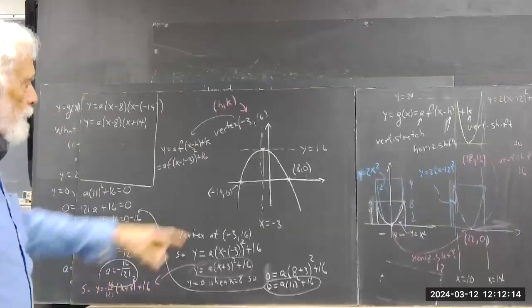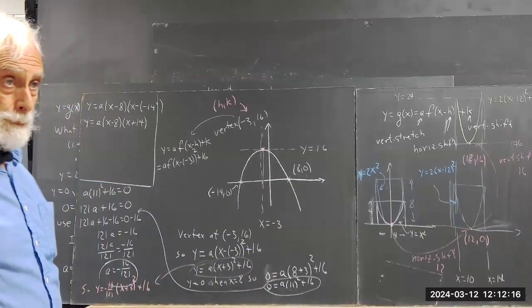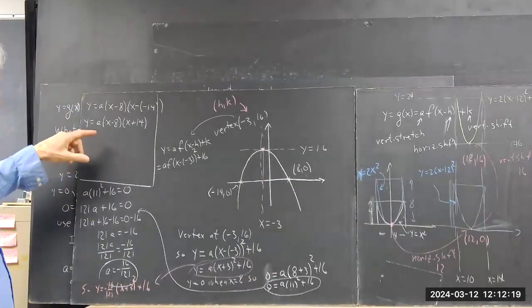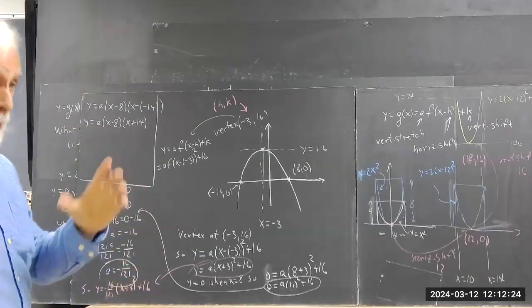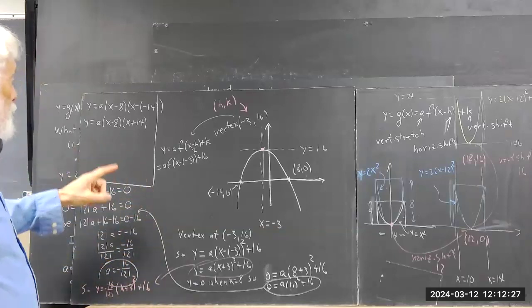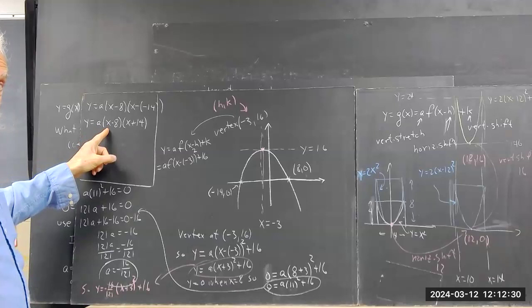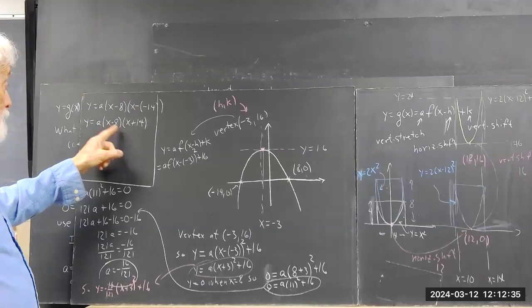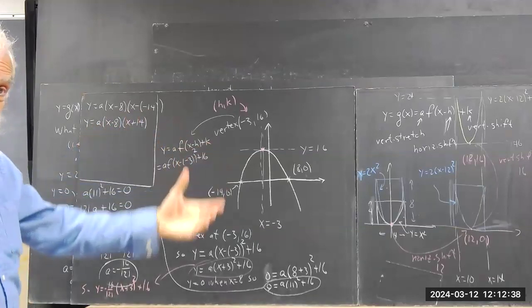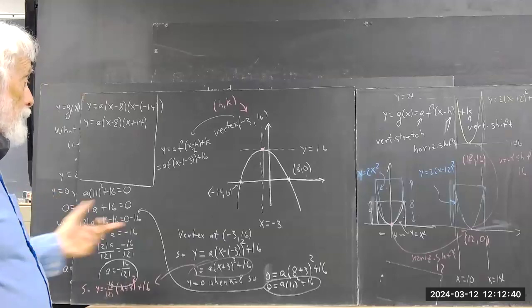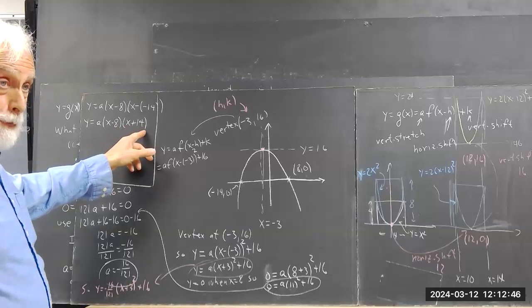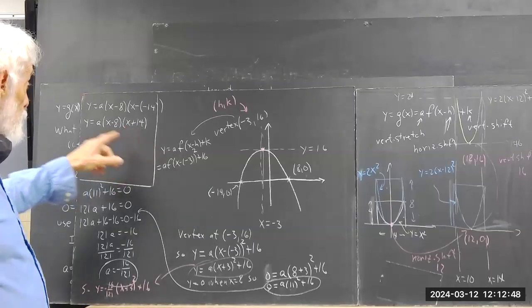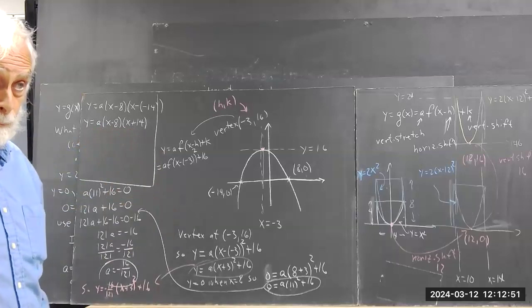I know from these two intercepts that this equation is of the form A, some multiple, of x minus 8 times x plus 14. How do I know that? I know that because if I plug in x equals 8, I'm going to get 0, because 8 minus 8 is 0, and this is multiplied by everything else. And if x equals negative 14, this one's going to give me 0. Negative 14 plus 14 is 0. So it has to be this form.